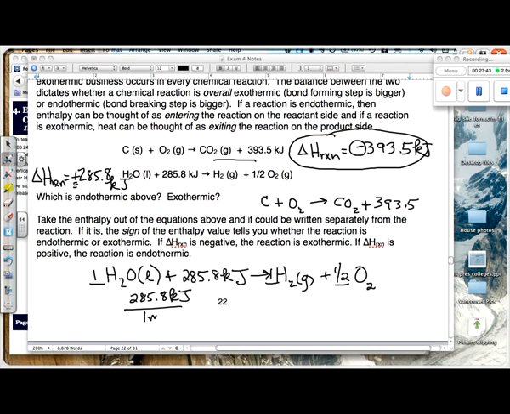All right, we're going to do a little direct proportion. How much heat is it for 2 moles of water? Okay, so I can change this to any amount, and if 1 mole of water, for 2 moles of water, and then I solve for x. This is the amount of heat for half a mole of oxygen.